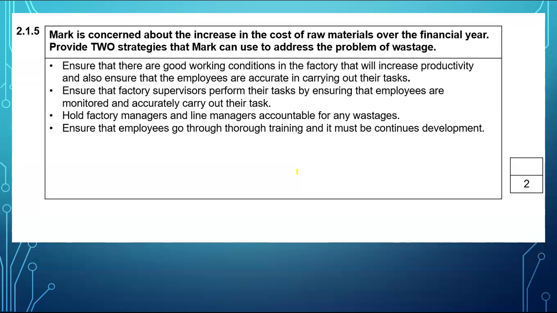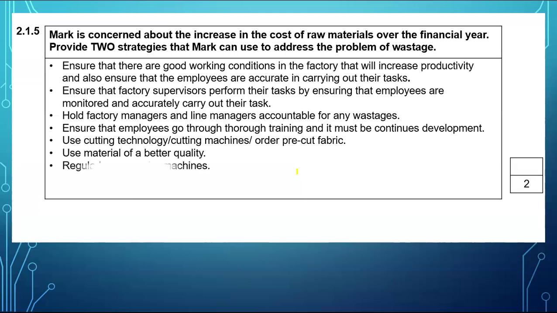Maybe you must use better technology machinery or order pre-cut fabric. Or probably the fabric that you're using is not of good quality. So every time you try to cut it, it tears off. Okay. So you need to make sure you buy materials that have a better quality and also ensure that your machines are regularly maintained. As such, I've also included it there.